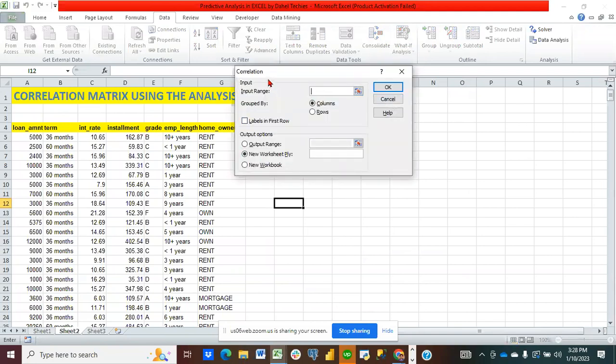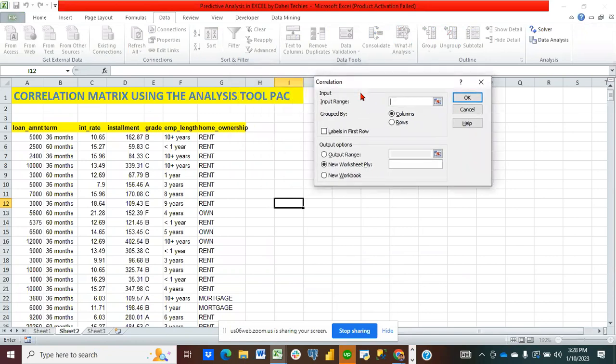So they are asking you for the input range. Remember, for descriptive analysis, all you needed was to highlight a particular cell, okay? But for this one, you are going to concentrate. Remember when I talked about the types of data, some of these data will have a string.